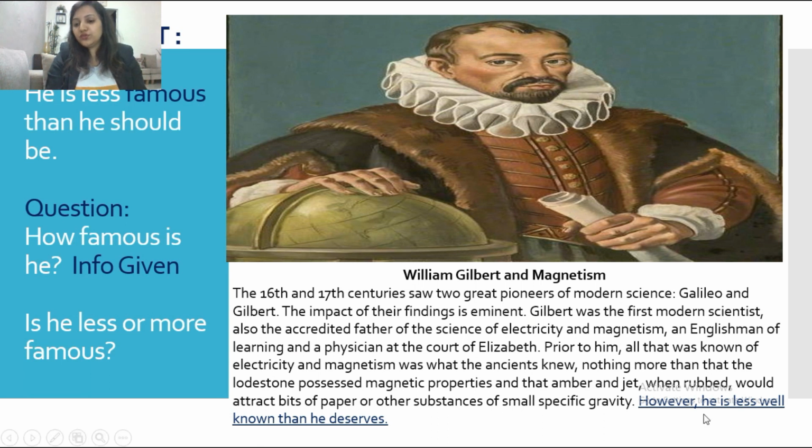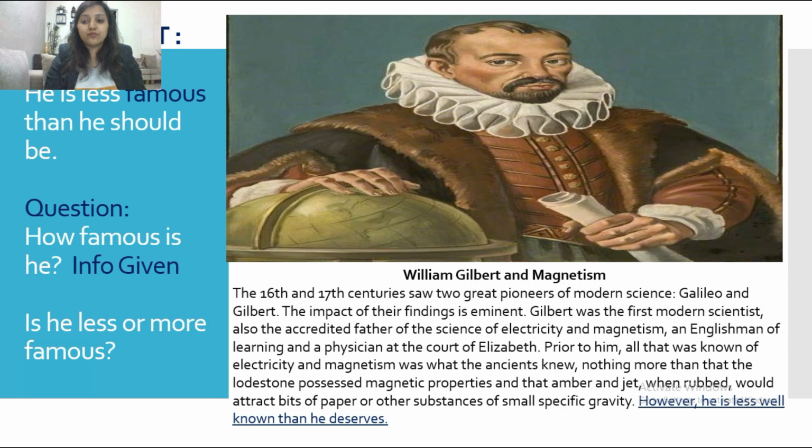So go through the last sentence of this paragraph. It says, "However, he is less well known than he deserves." So something about his fame is given over here, right?